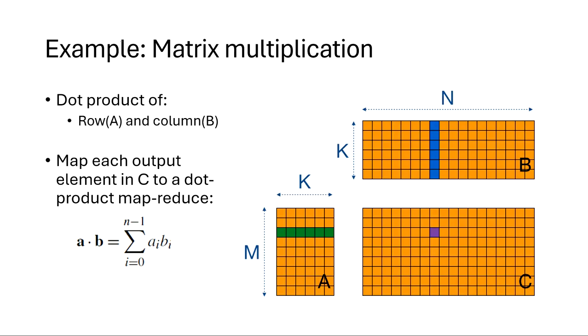Do a map. We're going to take every item in this output matrix that we want to compute. We're going to map that, and each of those map tasks then becomes one of these dot products. And we just saw how to make the dot product through a round of MapReduce. So to do this, you're going to do a map.